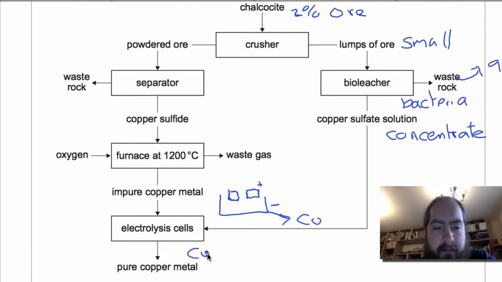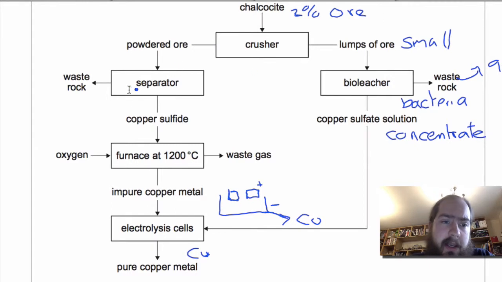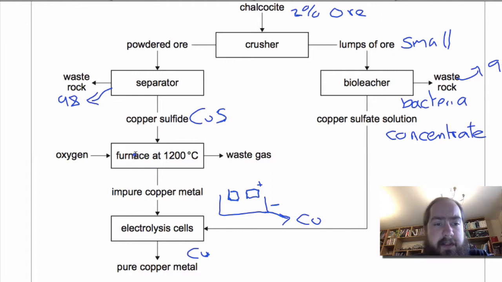That's here. You've then got some other parts of the ore, the really powdered stuff, being put through a separator. Again, that's part of your 98% that you're losing there, your waste rock, and you end up with a compound called copper sulfide, CuS. You're then passing that through a furnace.